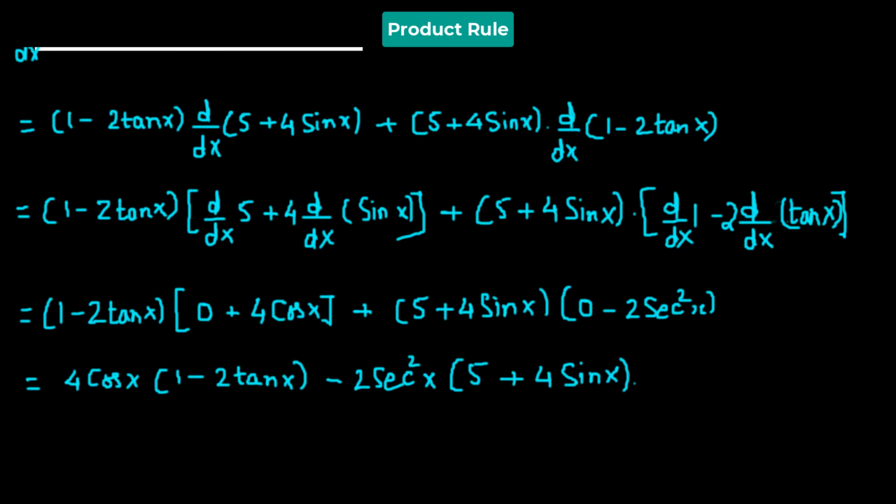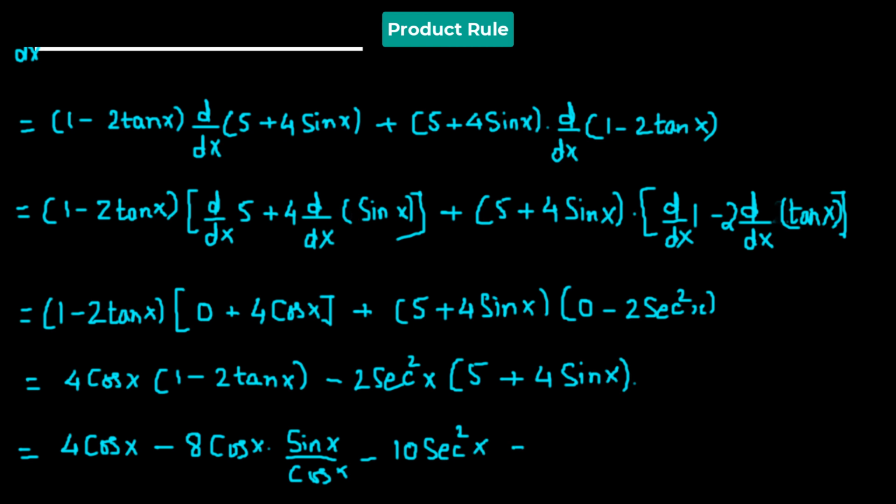So this is the derivative. Let's go further. So we have 4 times cosine of x multiplied to 1, so that gives us 4 cosine of x, minus 4 times 2 is 8, so we have cosine of x times tangent of x. So tangent of x can be written as the ratio of sine x over cosine of x, minus 2 times 5, which is 10 secant squared x, minus 2 times 4, 8 secant squared x times sine x.